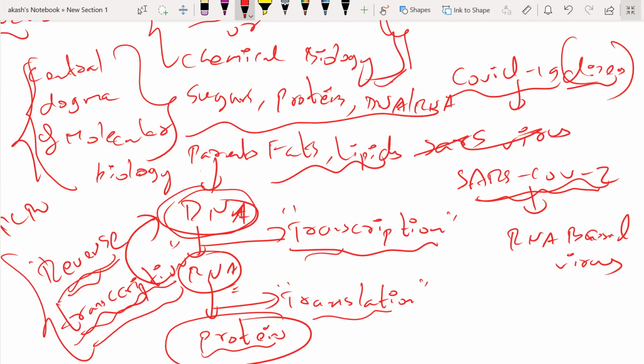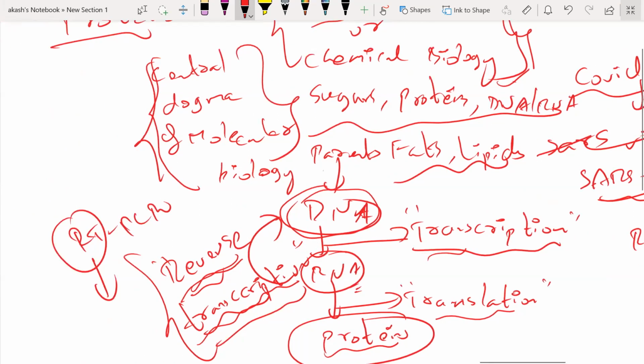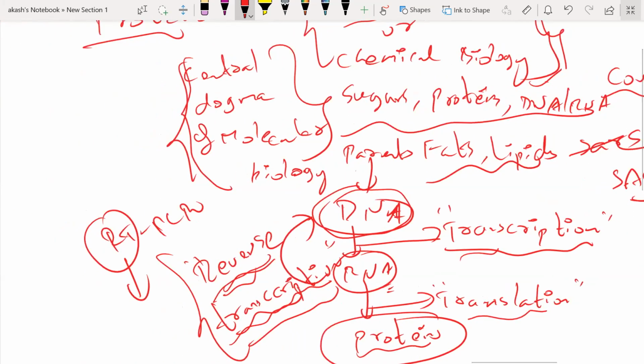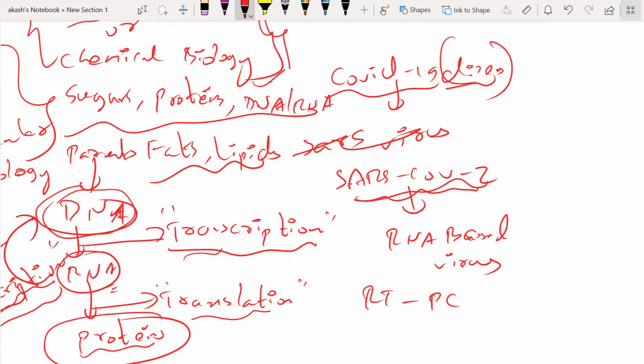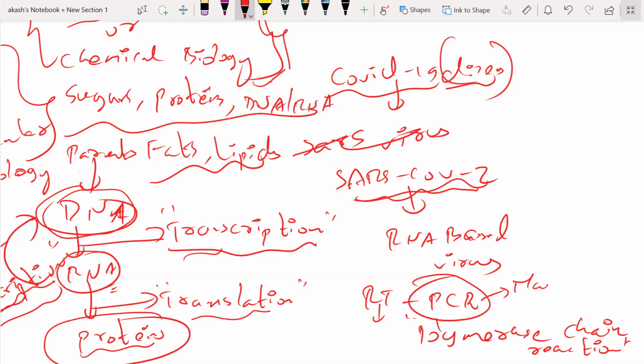Okay, so now let me tell you the full form of RT-PCR. RT, I know, is reverse transcription. PCR is polymerase chain reaction. So all you have to understand is PCR is a machine which will make copies of DNA.